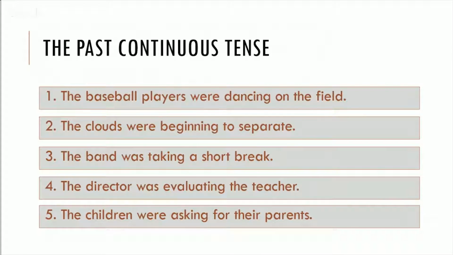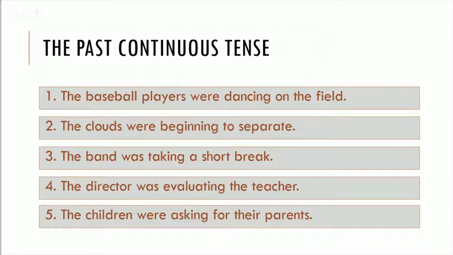So here we go. Number 1, the baseball players were dancing on the field. Maybe they won the game. They were happy. They were dancing on the field, right? The field is where they play.